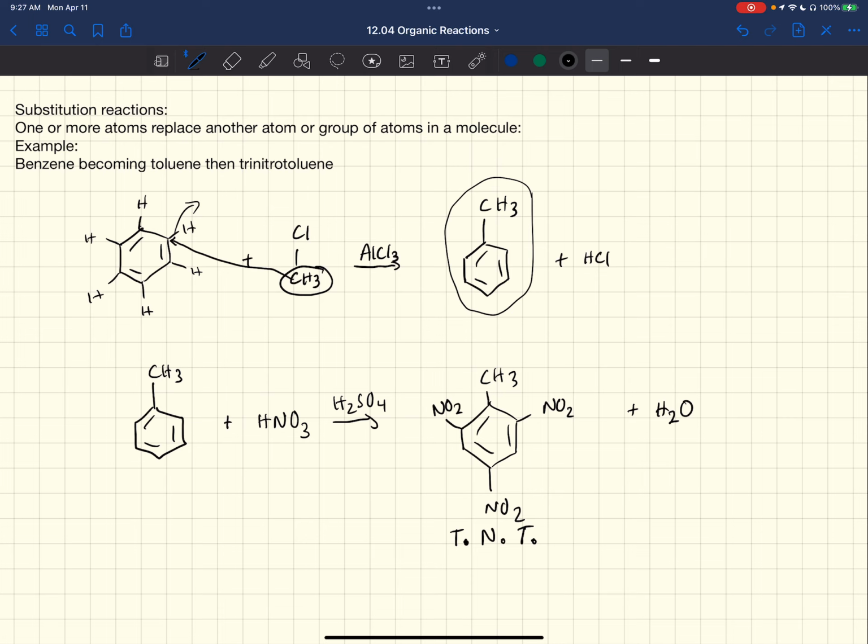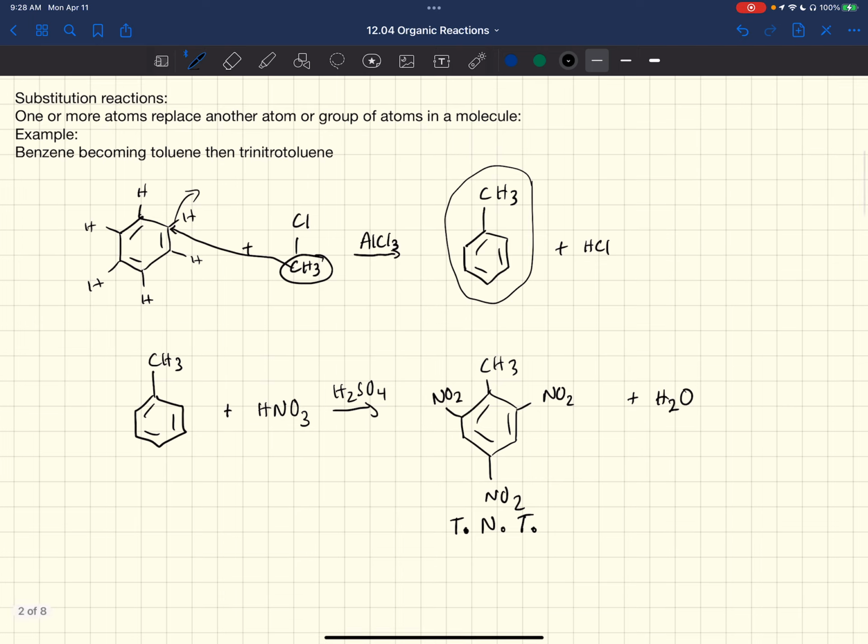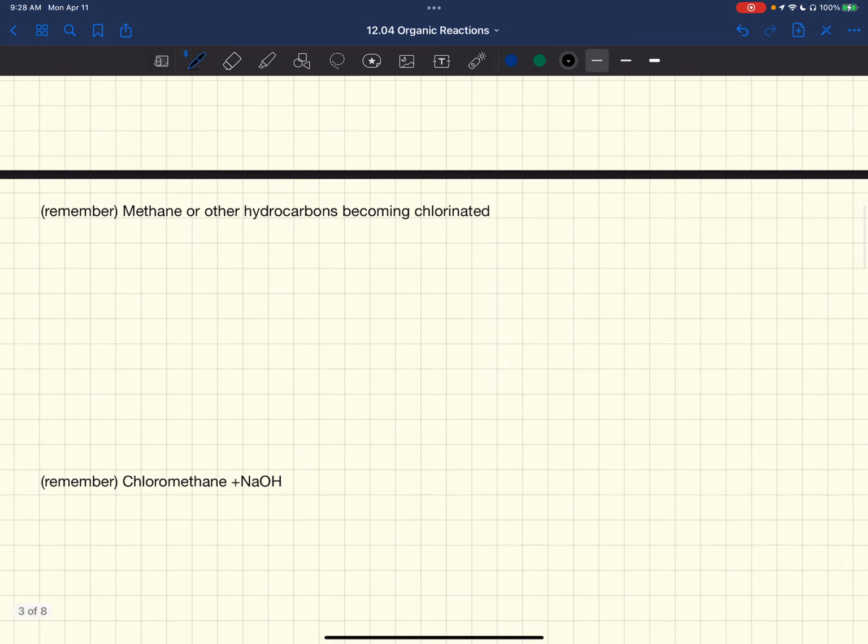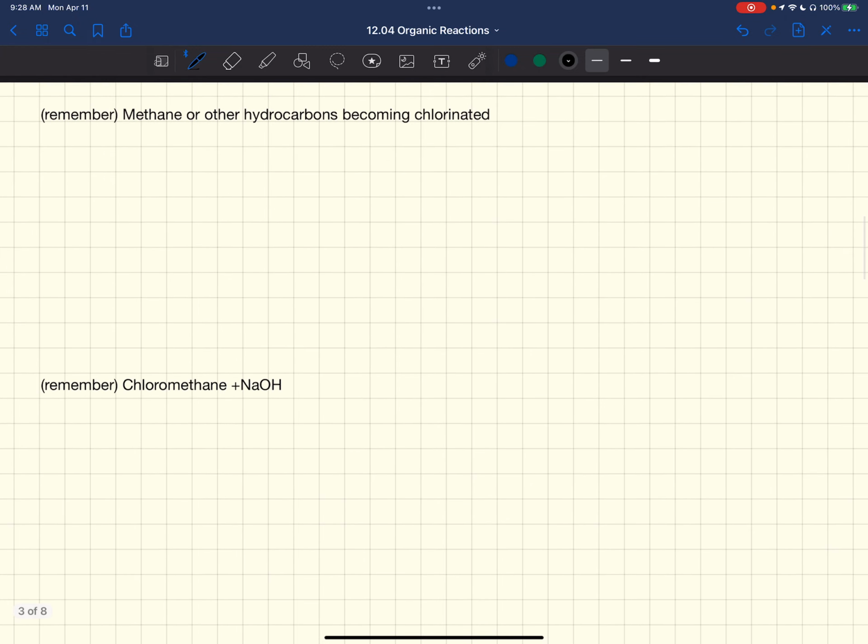So let's talk about the ones that I need you to memorize. And for these, you kind of need to know the conditions and you need to know the patterns, right? Don't memorize individual reactions because it's going to get complicated, but patterns are good.